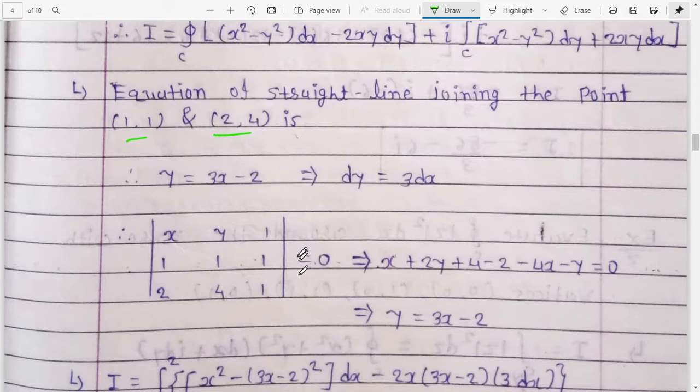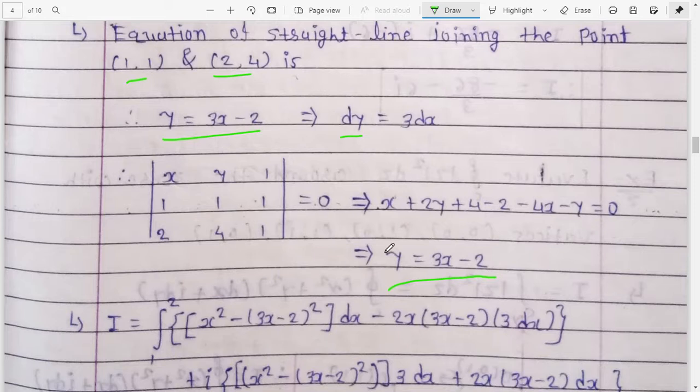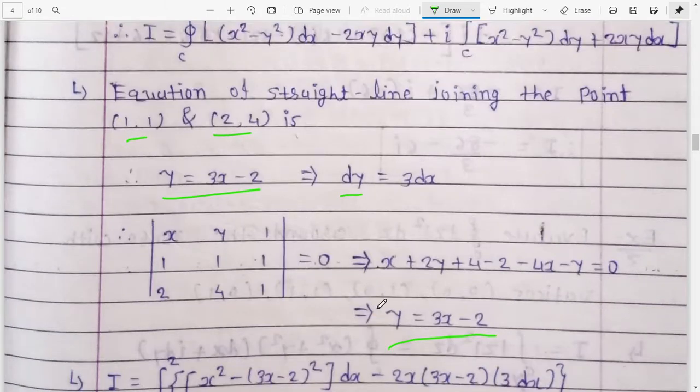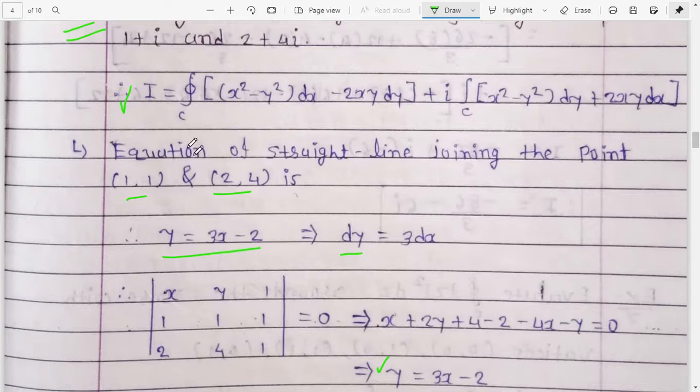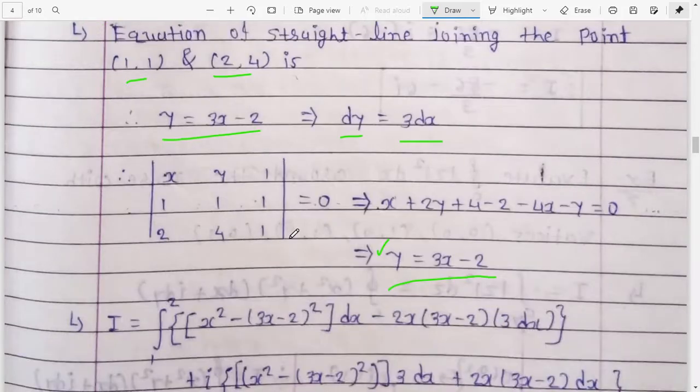Solving this, we get the straight line equation y = 3x minus 2, and the derivative is dy = 3 dx, since the derivative of minus 2 is 0. Now put the value of y and the value of dy = 3 dx in this equation.